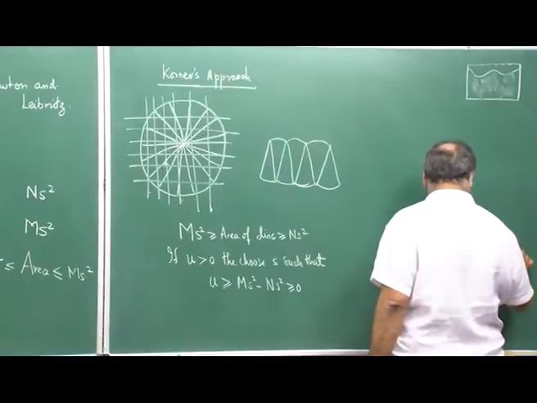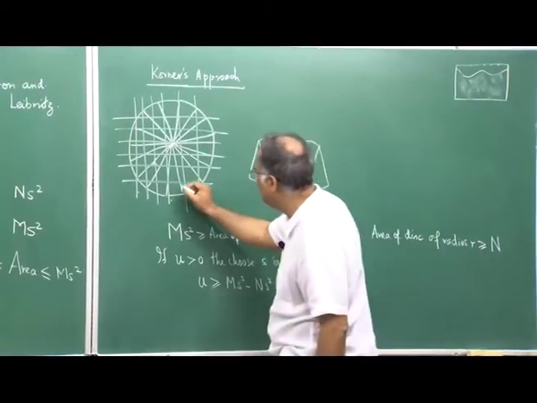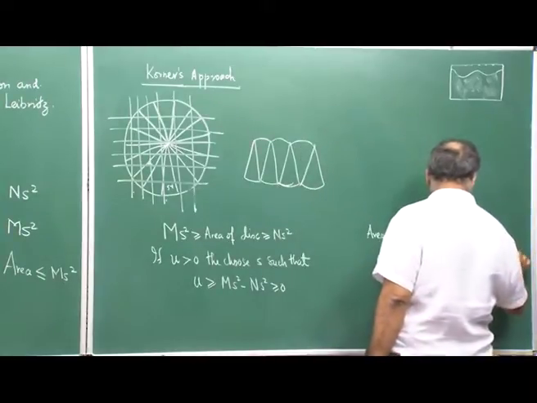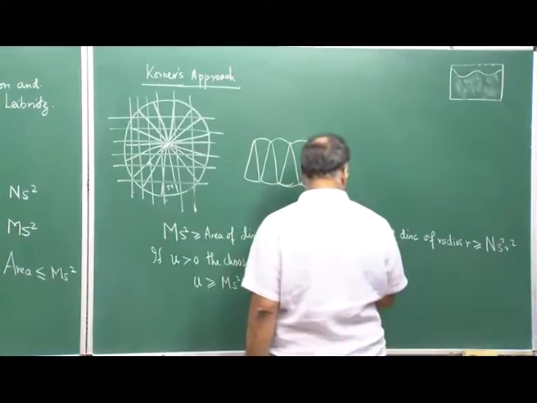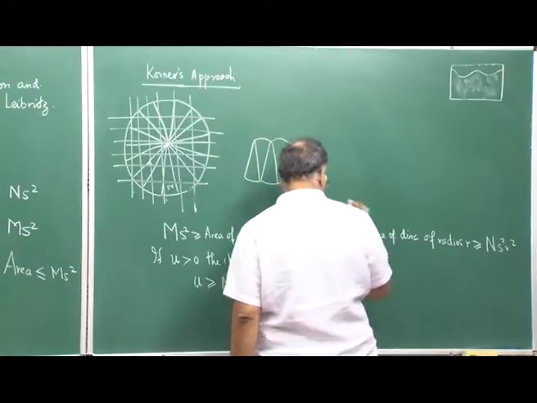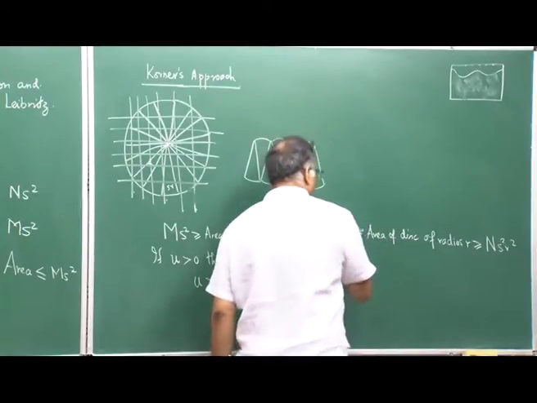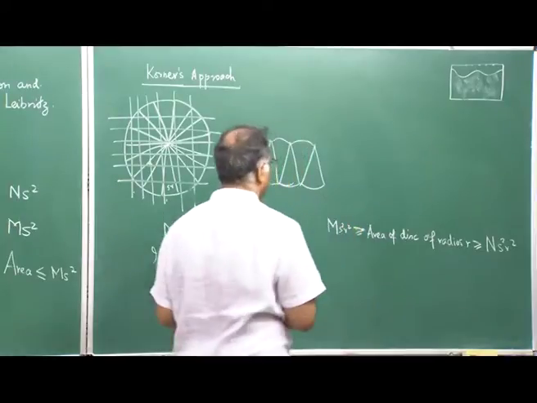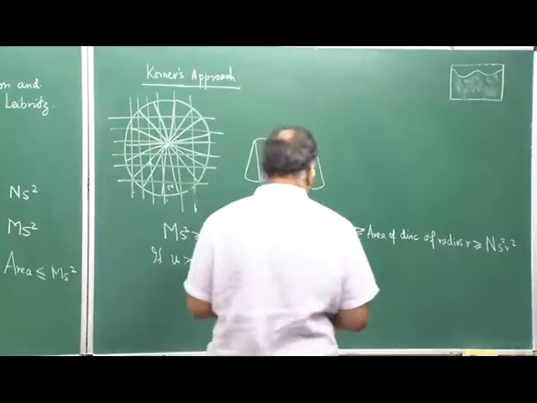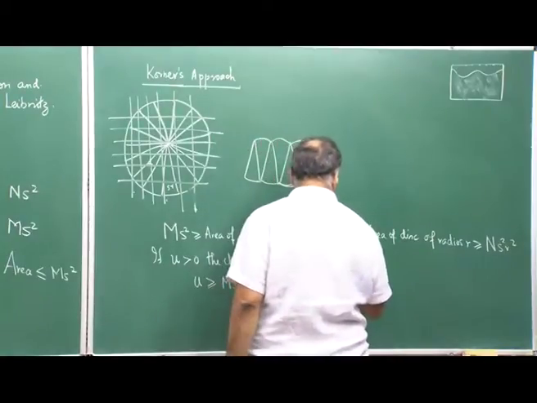It is n, now SR is the size, so SR into SR, S square R square. So this inequality continues to hold. And of course, from here you will find that U R square.